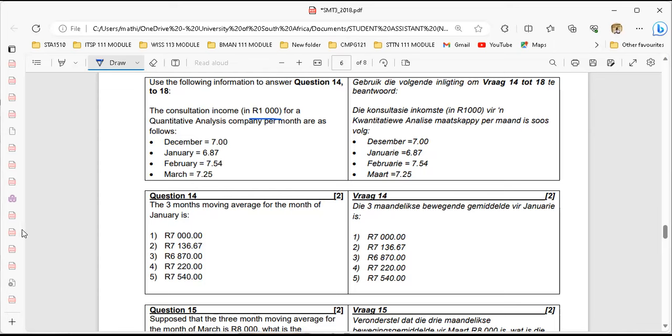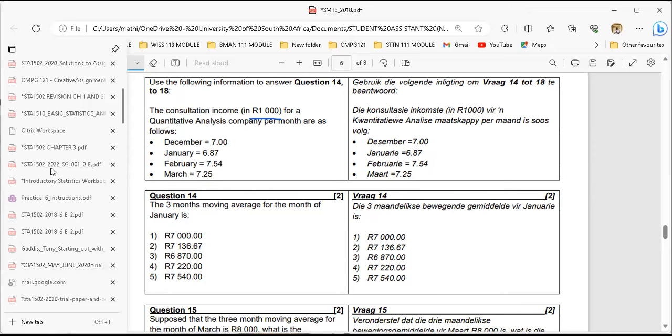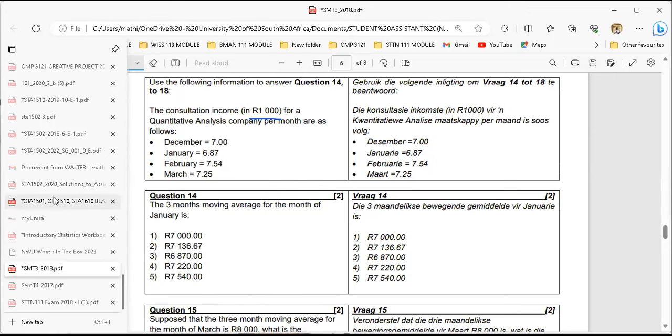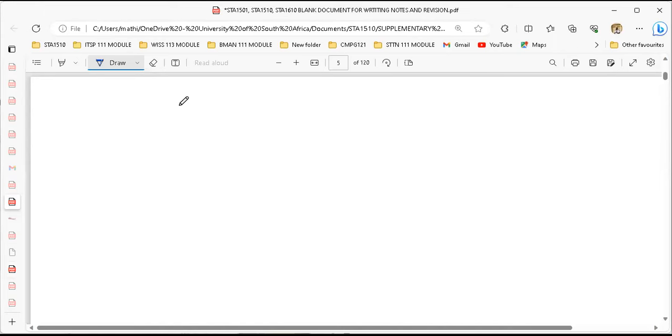I'm just going to make a table so that you can all see: December, then January, then February, then March.